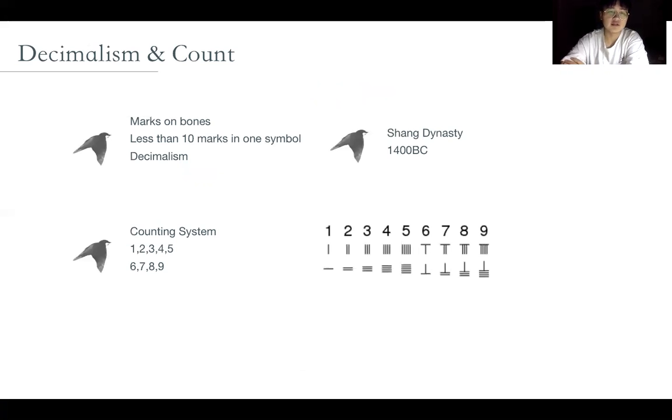So first, let's look at decimalism and count. In ancient China, people used decimalism. How do we know that? Because people found some marks on bones, and on those bones, each symbol has less than 10 marks, which indicates that ancient Chinese used decimalism.